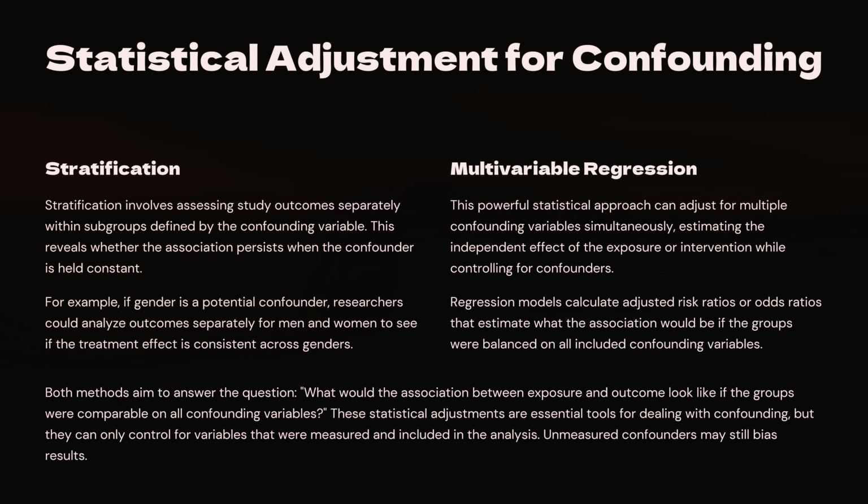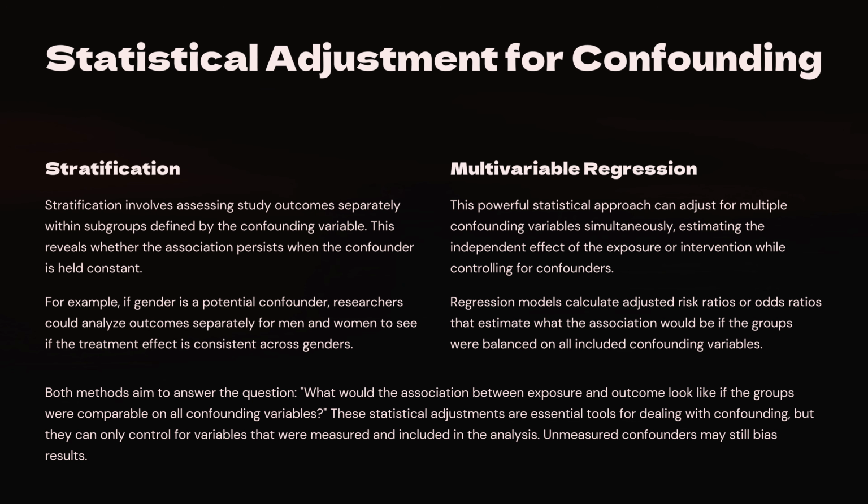Similarly, with a multivariable regression, this one doesn't require you to break up the groups, but you use more complex statistical modeling where you can enter in that third variable, which could be sex or age, and see if the result remains statistically significant. Multivariable regression is a very clever and cool way to do this, because you can add in more than one confounding variable.